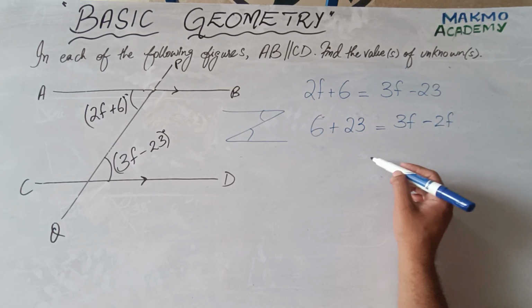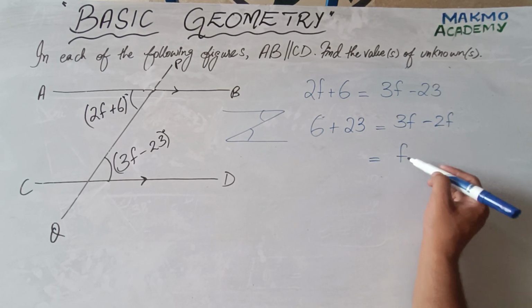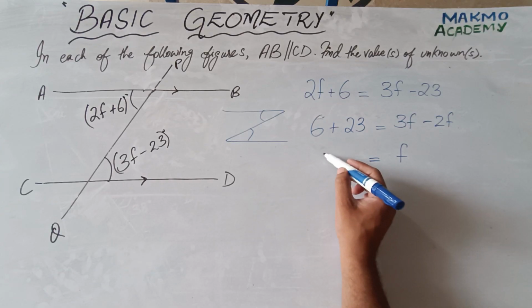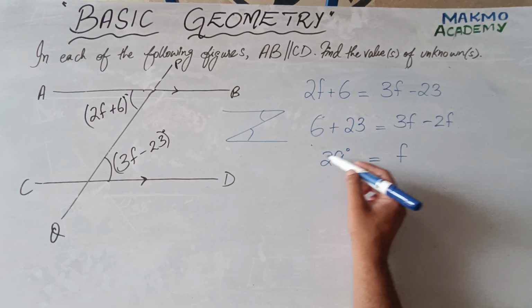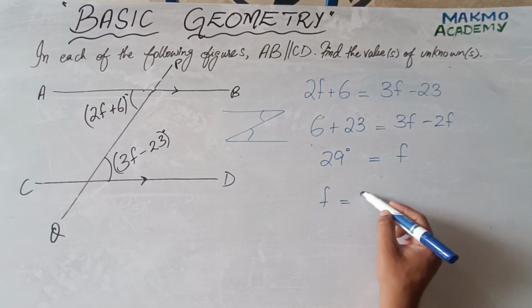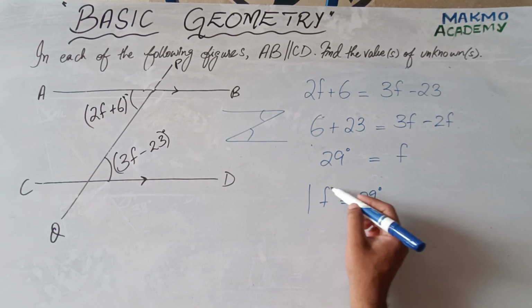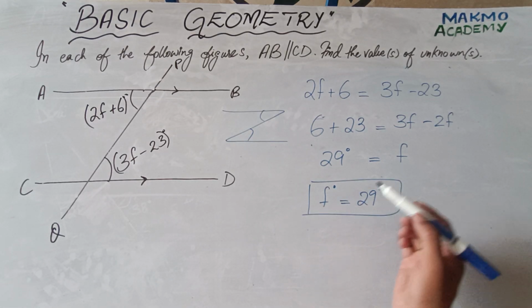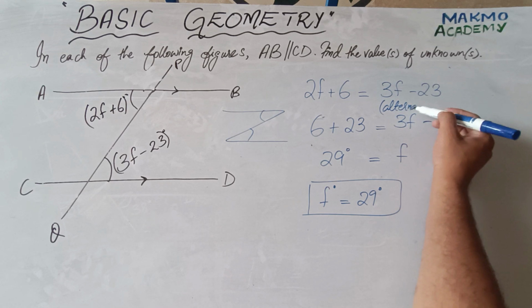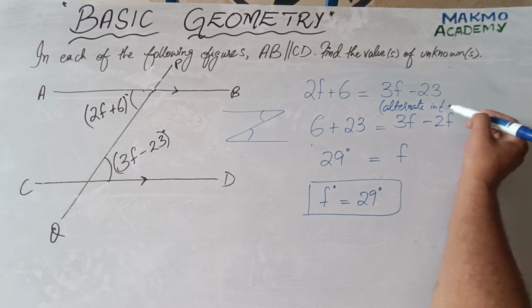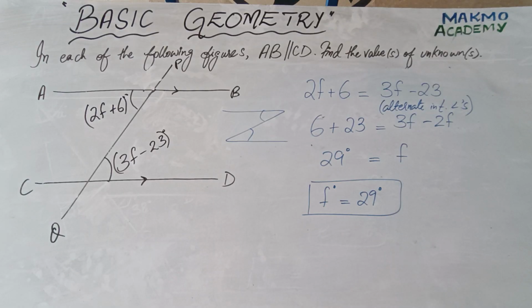So 3f minus 2f is 1f, which can be written as only f, is equal to 29 degrees. F is equal to 29 degrees. This is very simple, and we need to mention the reason: alternate interior angles. So this is how these questions have to be solved.